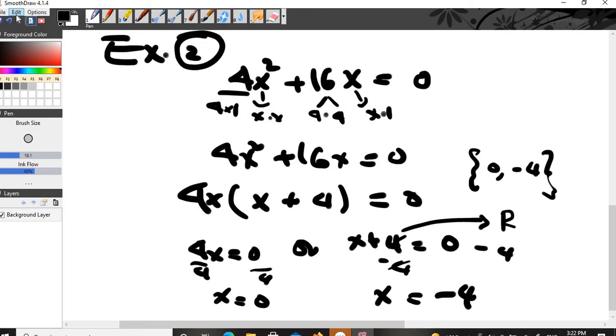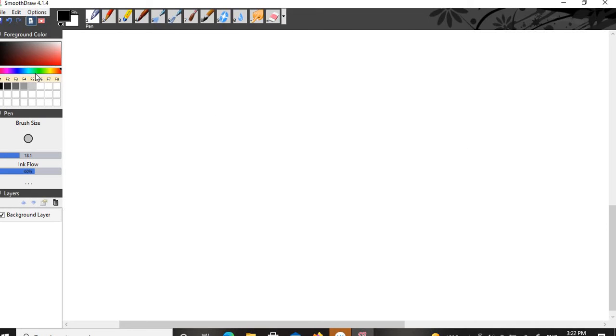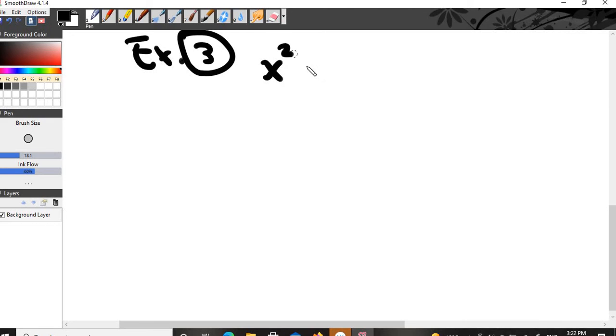Now example 3. So we are given x squared plus 5x plus 6 equals 0.